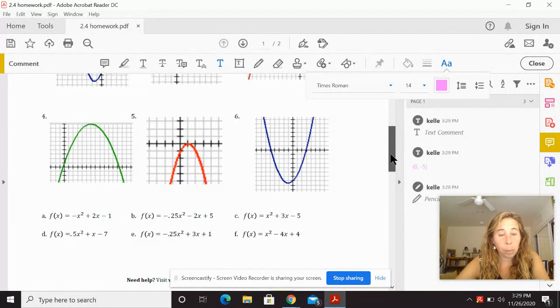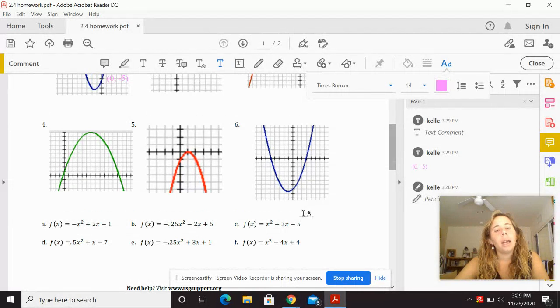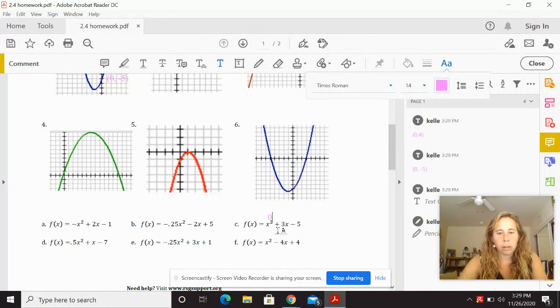Okay. So remember, your y-intercept is when x is equal to 0. So if I substitute 0 into these equations, this is going to be the one that gives me -5, right? Because this is 0 squared is 0, plus 3 times 0, minus 5, which is just 0 plus 0 minus 5.